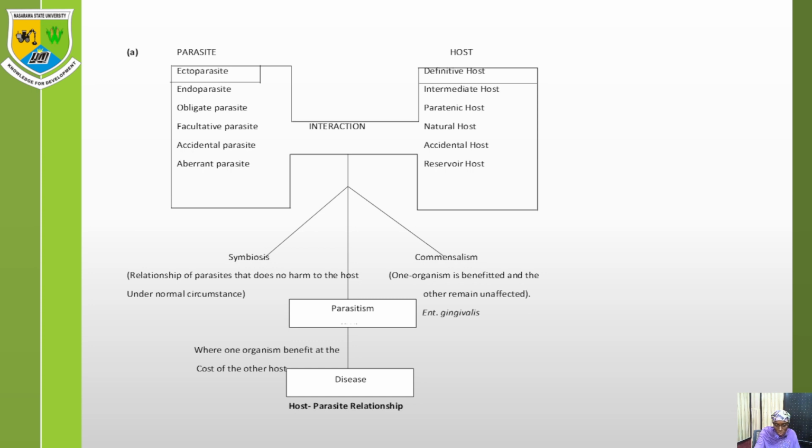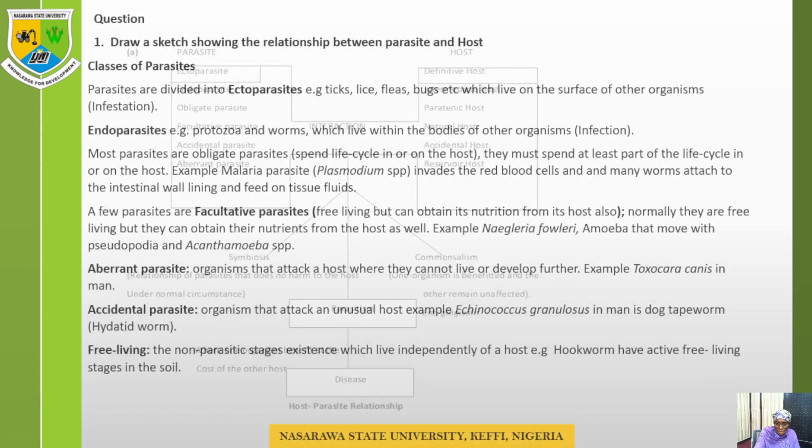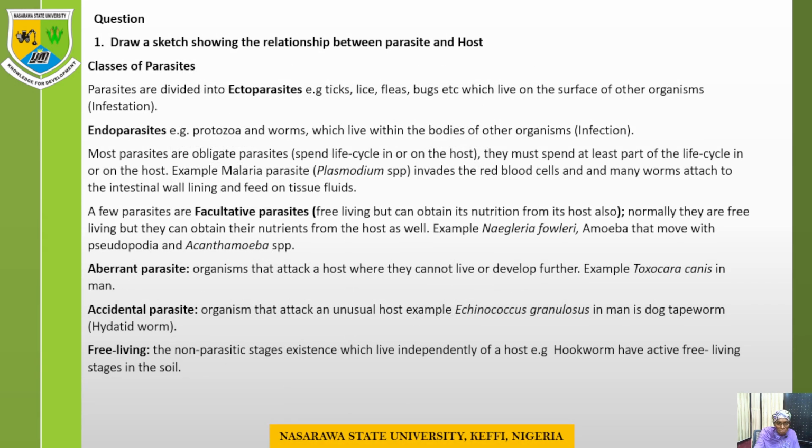So we have a scheme showing host-parasite relationship. For your own exercise, you can draw a sketch showing the relationship between parasite and host. That's for your personal reading.